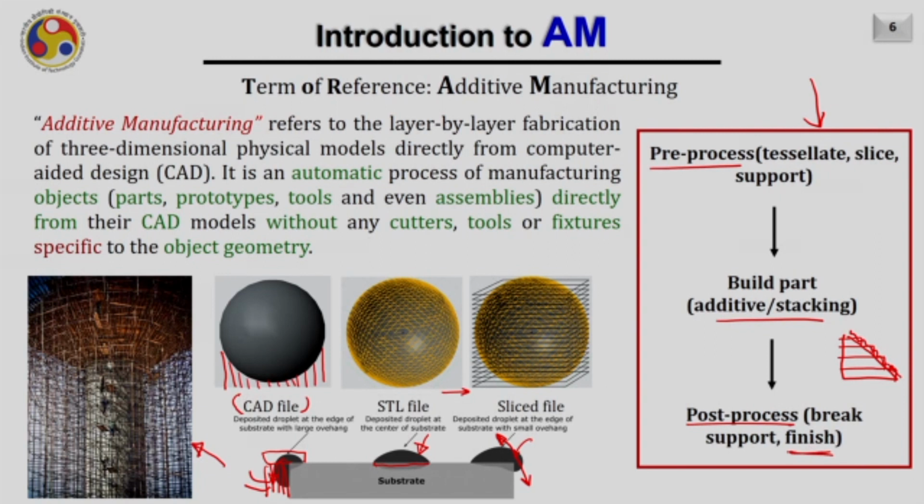Now, let me come back to some of the terminologies which we have used and said that this particular technology can realize the objects directly from their CAD models without any cutter, tool or fixtures specific to the object geometry. Let me take an example.